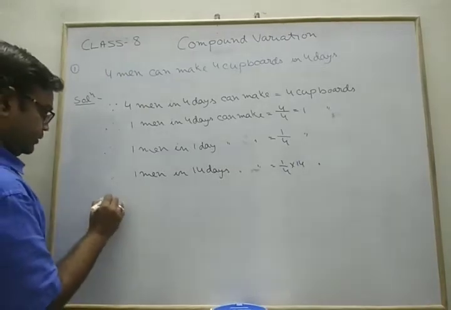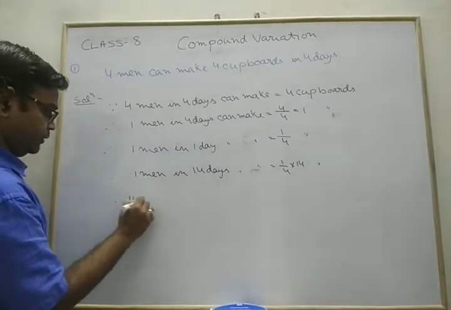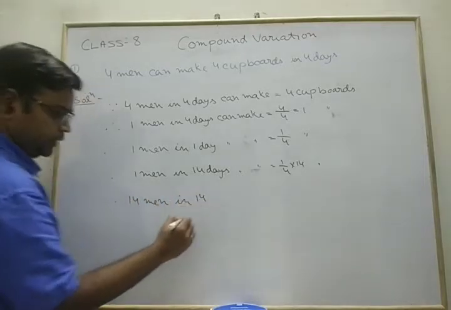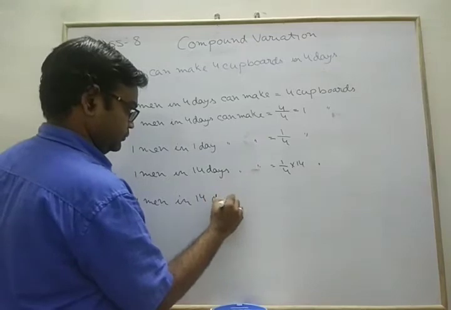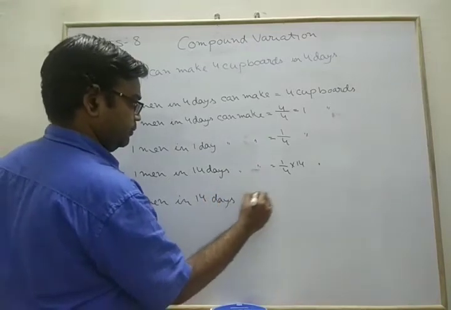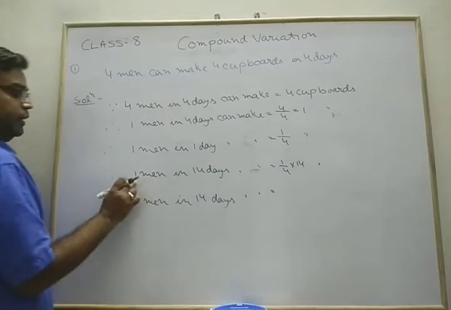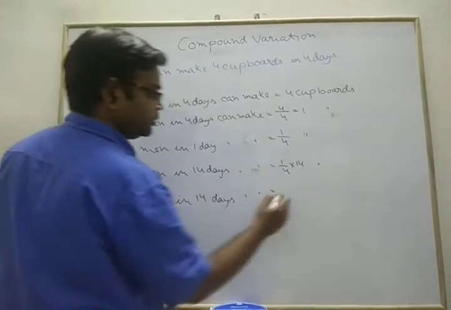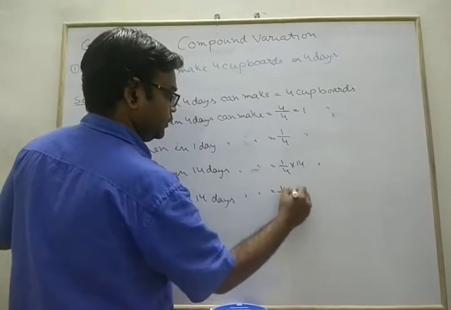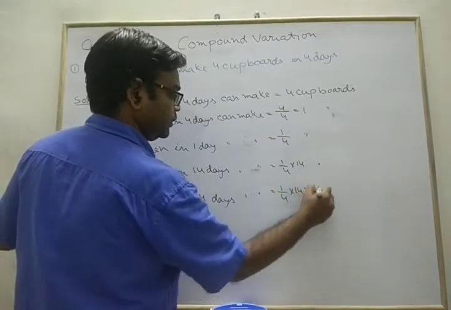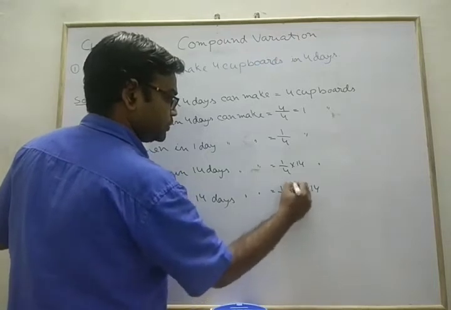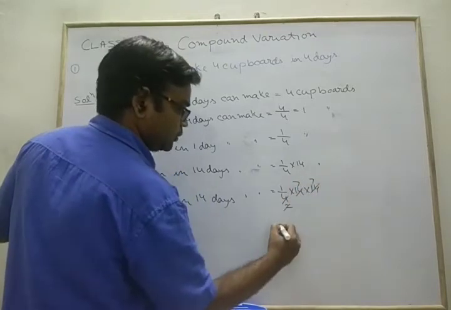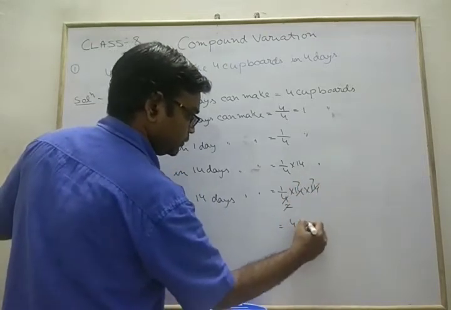Then therefore 14 men in 14 days, 1 man makes this number of cupboards, so more men, more cupboards. 1 upon 4 into 14 into 14. When we simplify, 2 sevens are 14, so ultimately 49 cupboards.